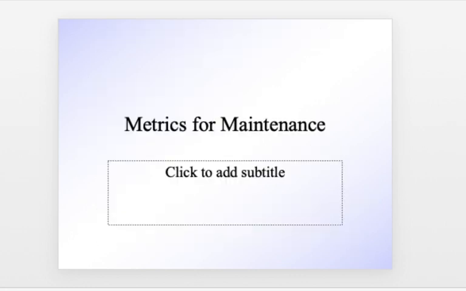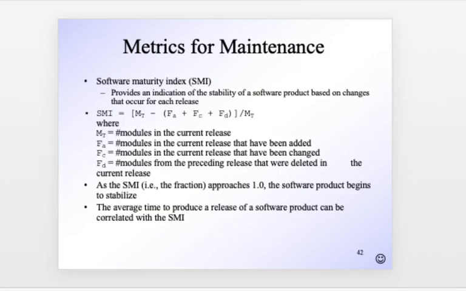You also have the metrics for maintenance. So the metrics for maintenance is basically based on what is called the SMI, the Software Maturity Index. And this SMI provides an indication of the stability of a software based on changes that occur for each release.